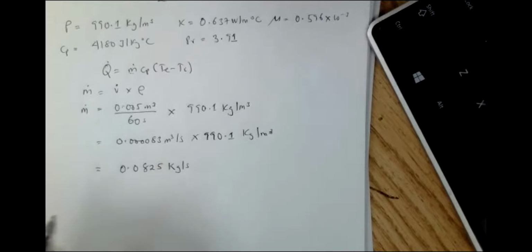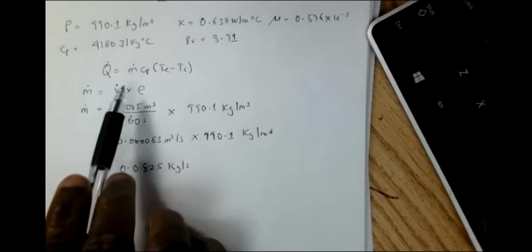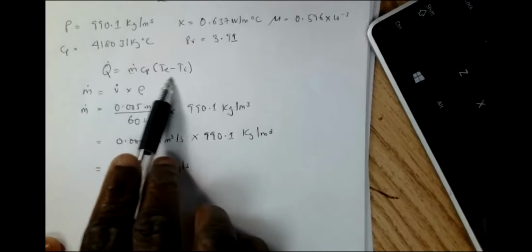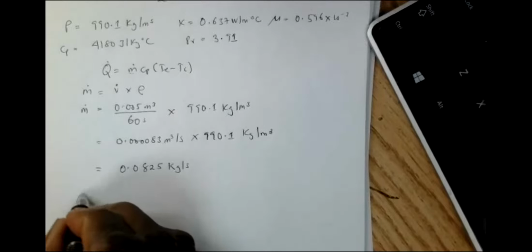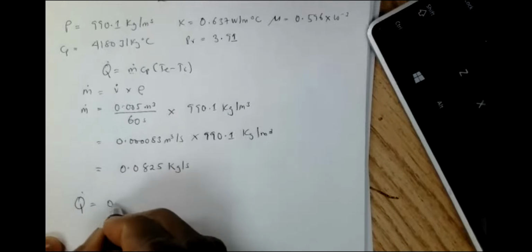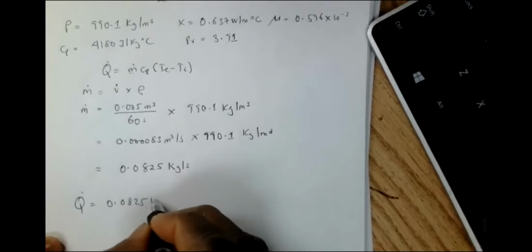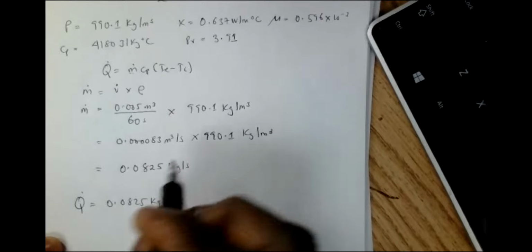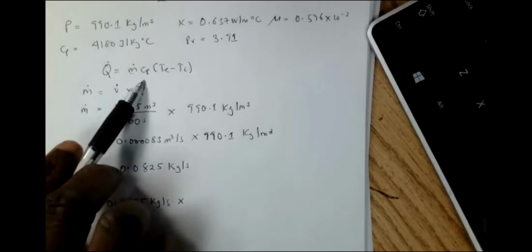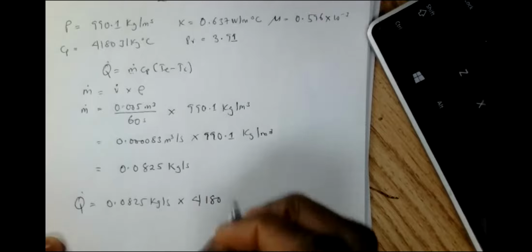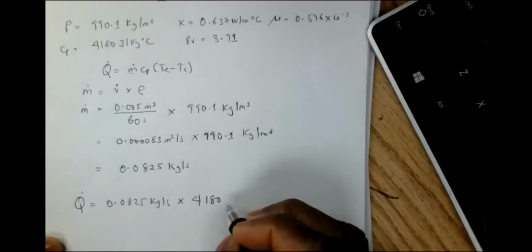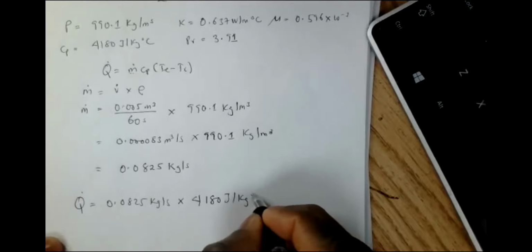Okay. So we can now put this in our equation here to find the power needed for the amount of energy that will be transferred into the fluid. So Q is equal to 0.0825 kilograms per second multiplied by the specific heat, which we have as 4180 joules per kilogram degree Celsius.